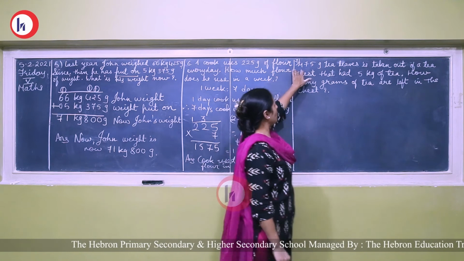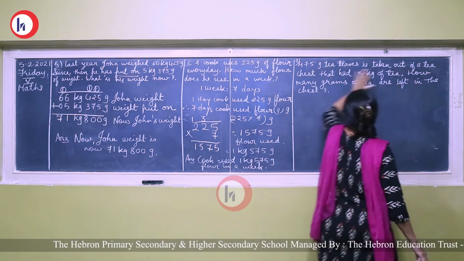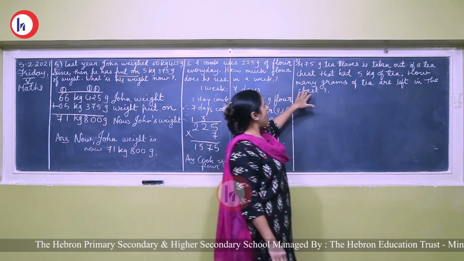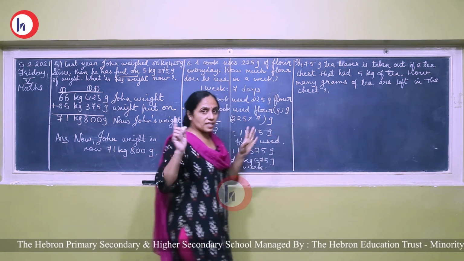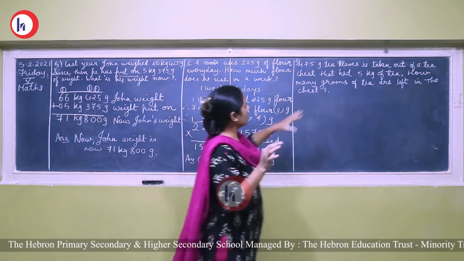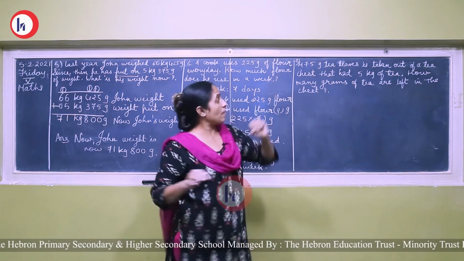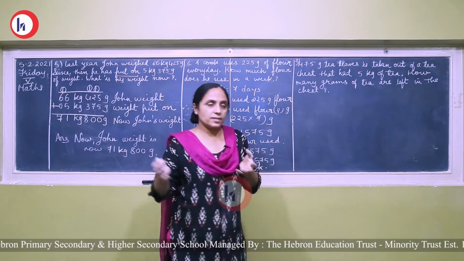Next, 475 gram tea leaves is taken out of a tea chest that had 5 kilogram of tea. How many grams of tea are left in the tea chest? Tea chest is there, there are so many tea leaves. So here 475 gram tea leaves taken out from 5 kilogram of tea. So how much tea is left in the tea chest?